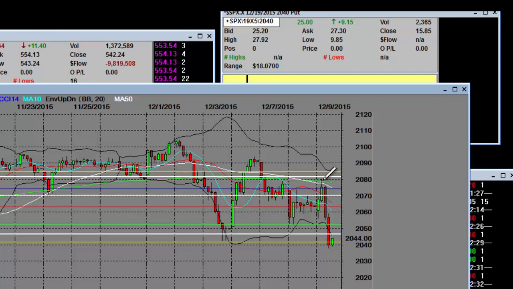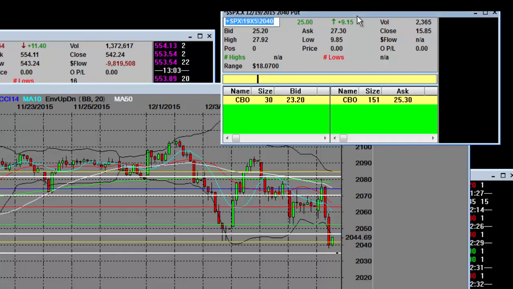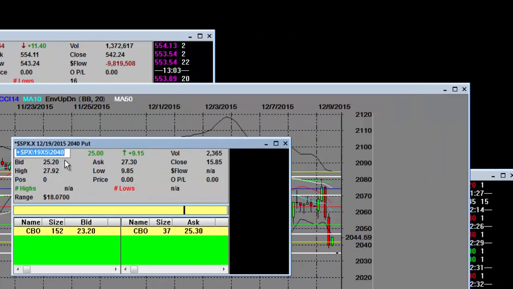Today we dropped. We're starting to get a little bit of support here. We have another support line down here on the S&P 500 index. We're professionals right here, and today the put charts paid big money. The Dow had triple-digit losses as well.